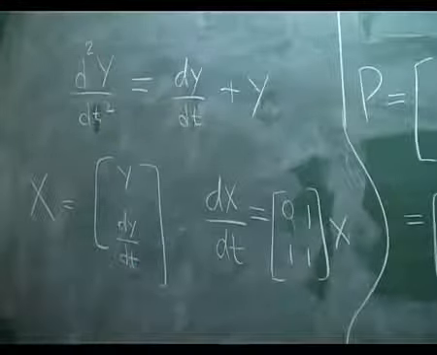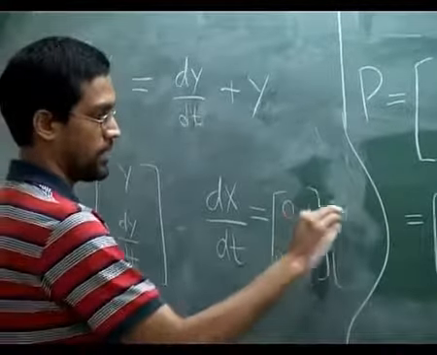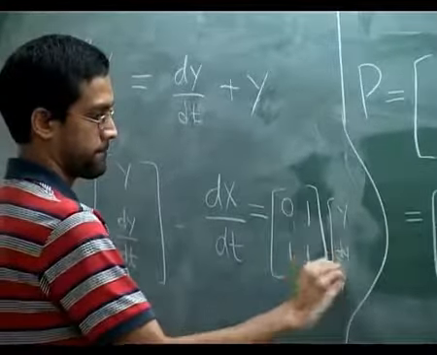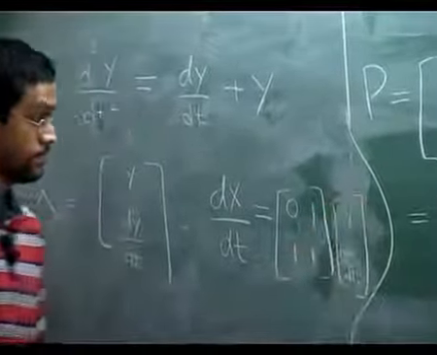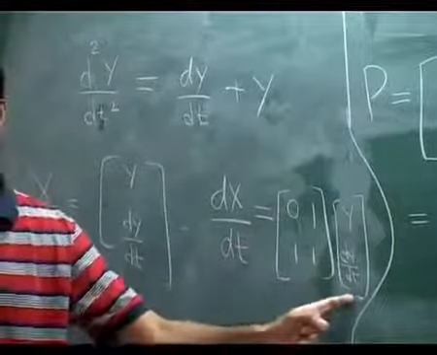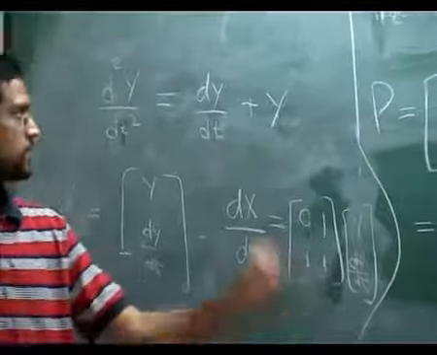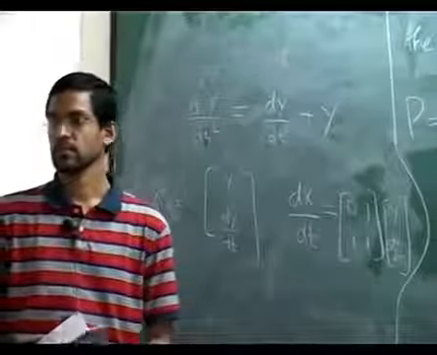Okay, so why don't we just see this? Instead of X, I am going to put (y, dy dt). So observe here, if I do this, the first component I will get is dy dt. Second component is d square y dt square, which is y plus dy dt. That's the given equation.